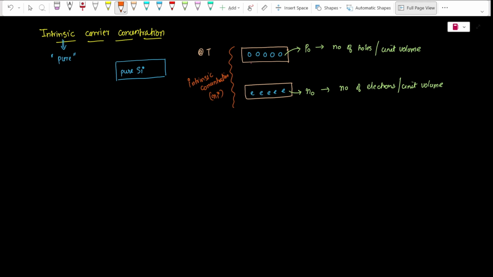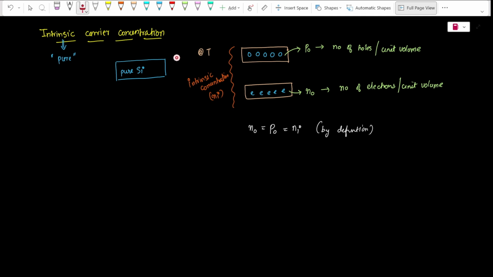One more key point to note here is that in the case of an intrinsic semiconductor at some temperature T, the number of holes and the number of electrons are equal. So this N0 is equal to P0, and these are all equal to my Ni, because I call the concentrations my intrinsic concentration. This is by definition. So we have the equation N0 = P0 = Ni.